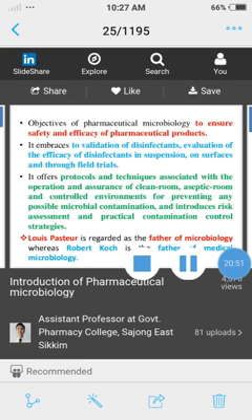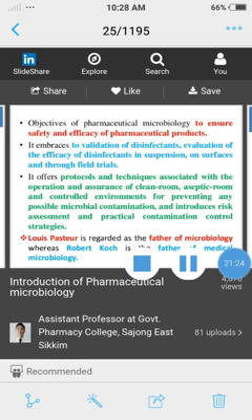It offers the protocols and techniques associated with the operations and assurance of clean room, aseptic room, and controlled environment for preventing any possible microbial contamination, and introduces risk assessment and practical contamination control strategies.